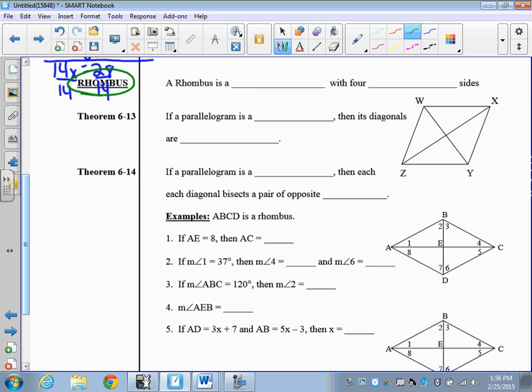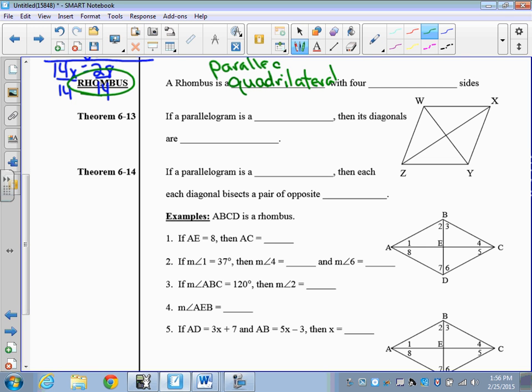So for a rhombus, it's a quadrilateral. And like the rectangle before it, it's also a parallelogram. The thing that's special about a rhombus is it has 4 congruent sides.